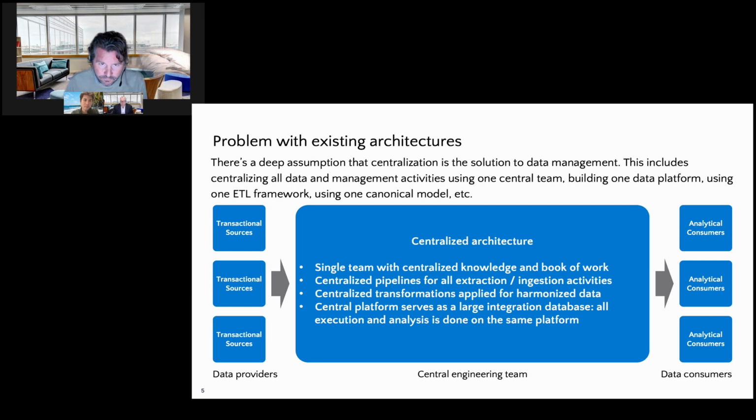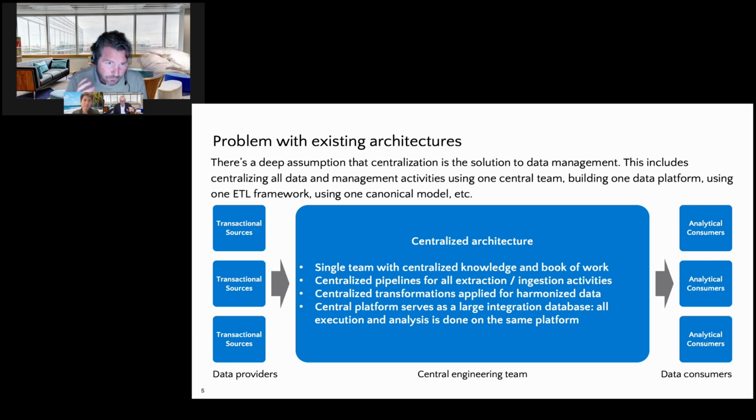And then often you see in the middle a lot of centralization. So one monolithic architecture, central teams, a single team. This single team holds all the knowledge and uses one book of activities to work from. You see often all data is orchestrated, integrated using a centralized, quite large integration data model.